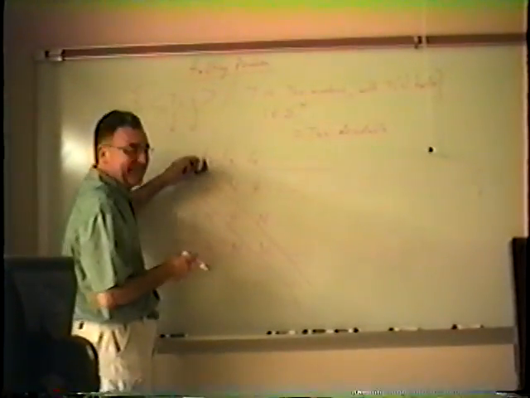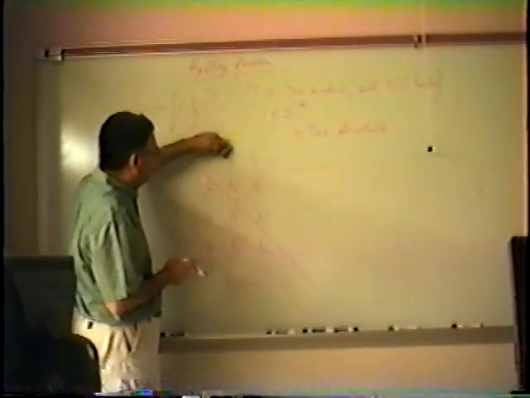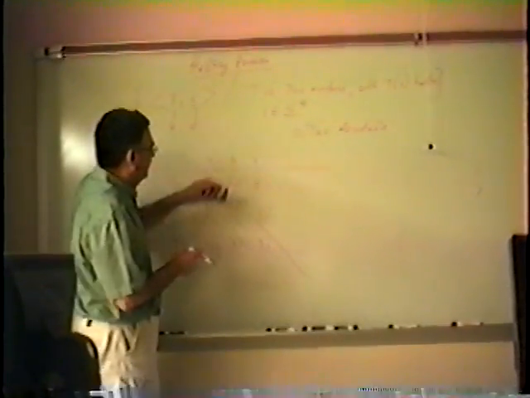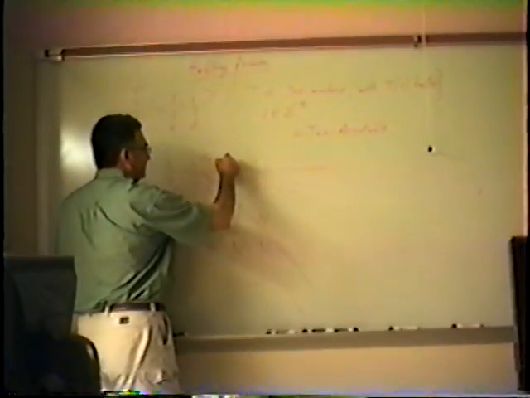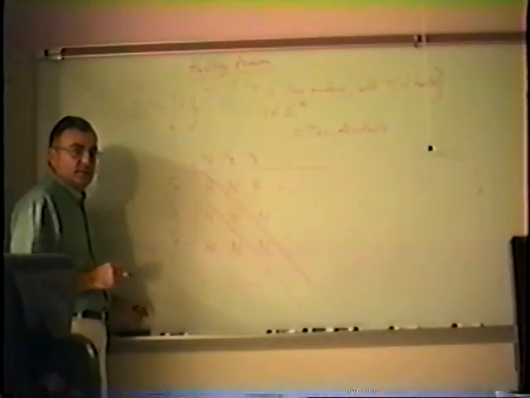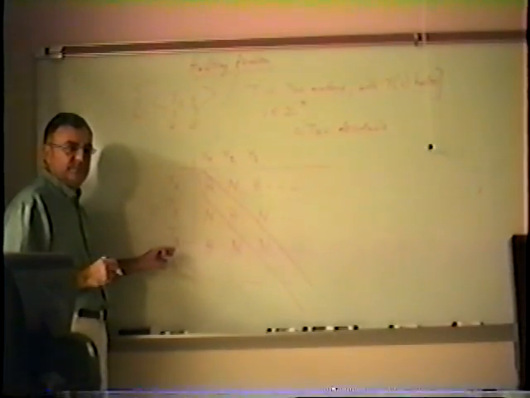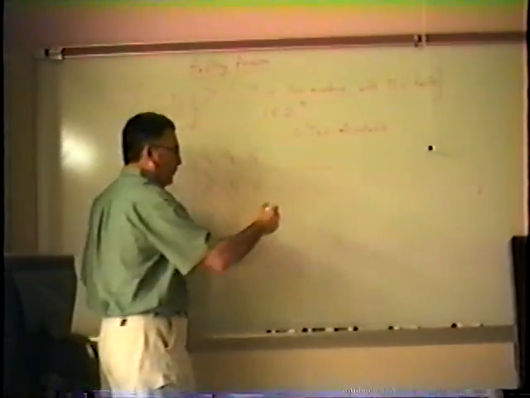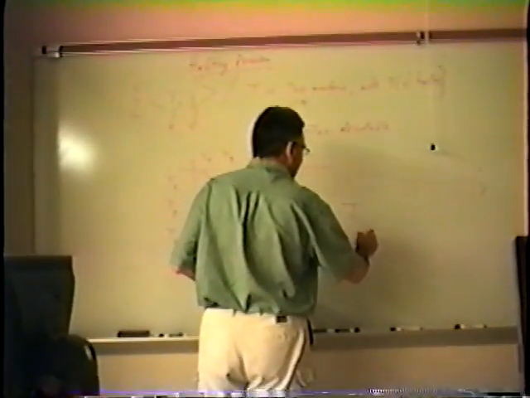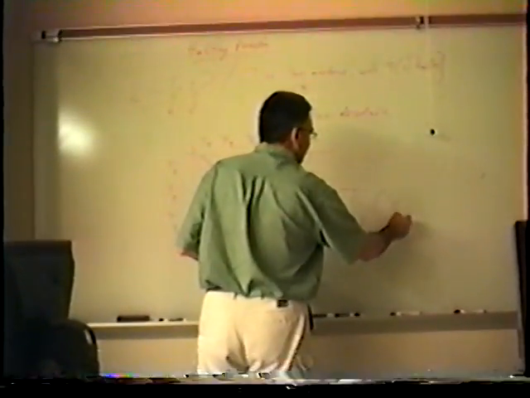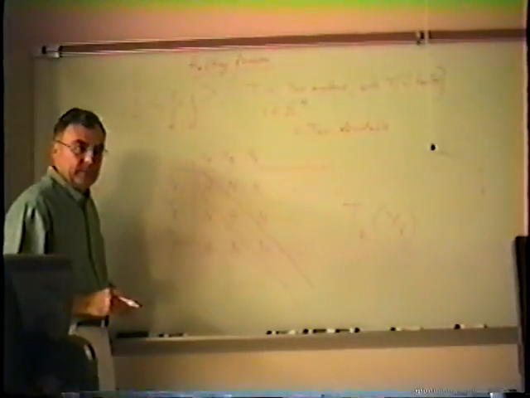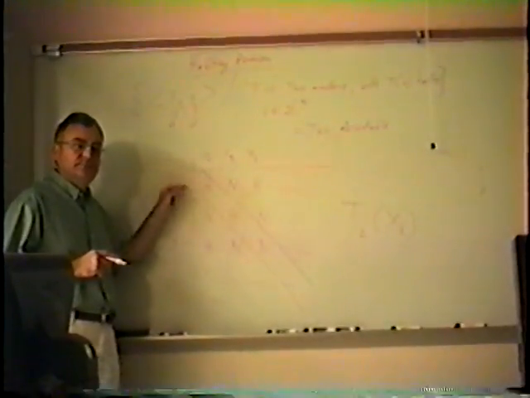So let's call these inputs, instead of I's, X's or something. So I'm going to build a Turing machine that for whatever Ti does on Xi, my machine will do the opposite.